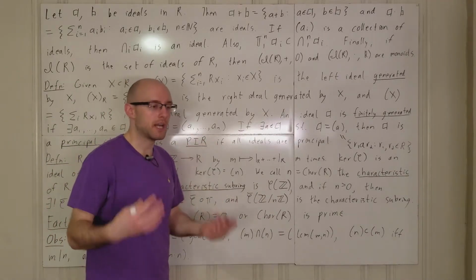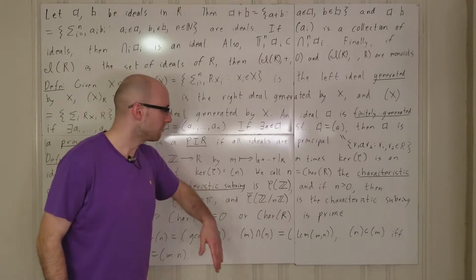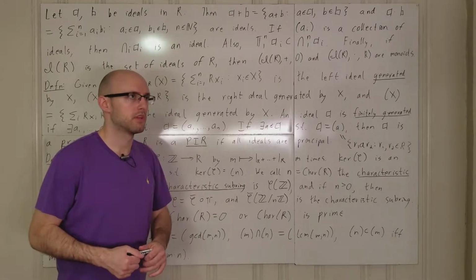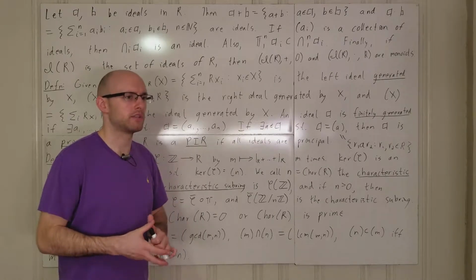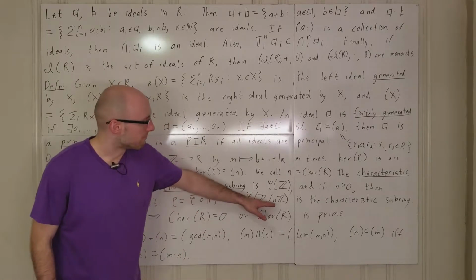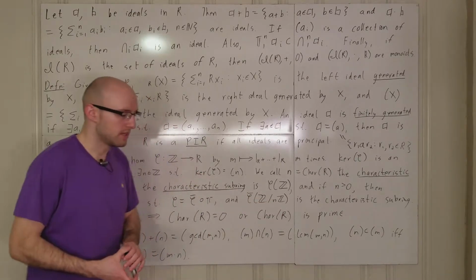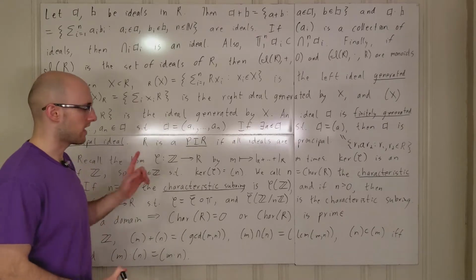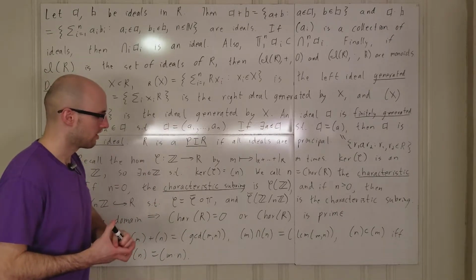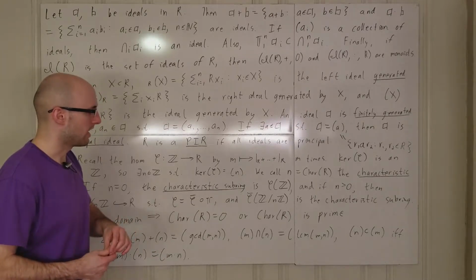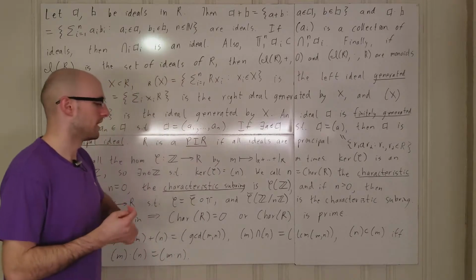And if n is prime, then Z mod NZ will be a field. I don't know if we've proven that yet, but it's a pretty standard fact.